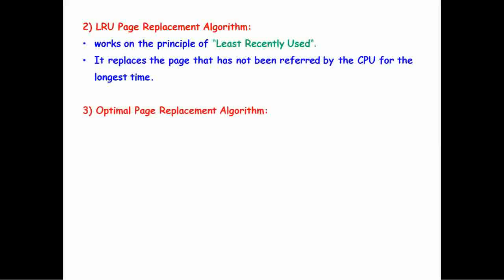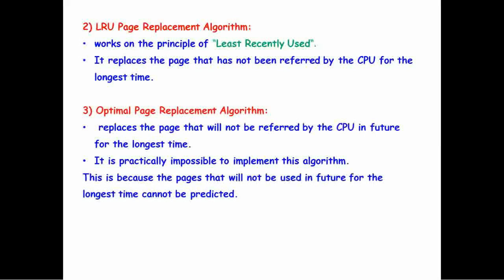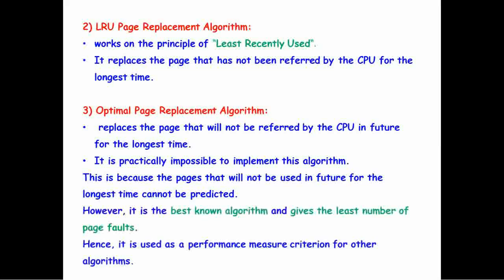The next algorithm is the optimal page replacement algorithm. It replaces the page that will not be referred by the CPU in future for the longest time. This is practically impossible. This is because the pages that will not be used in future for the longest time cannot be predicted, and hence it is practically impossible.